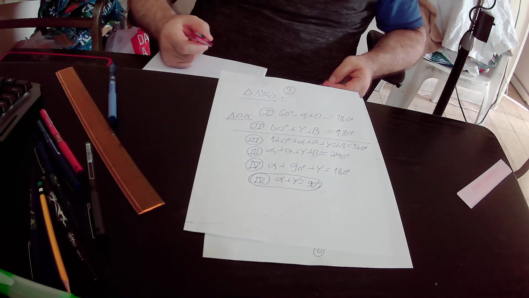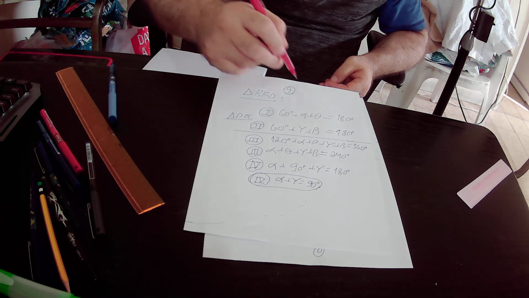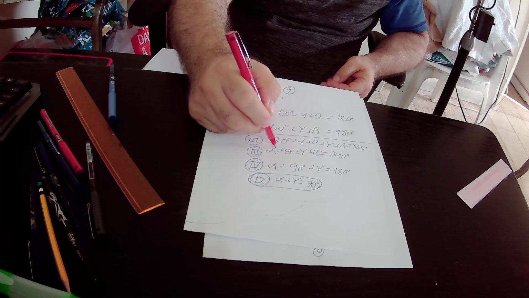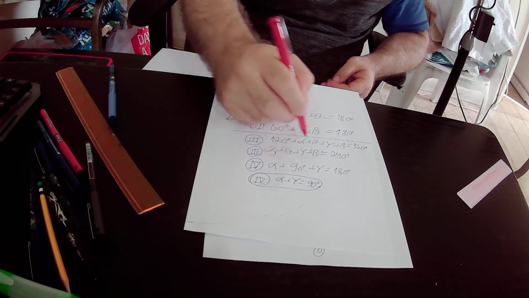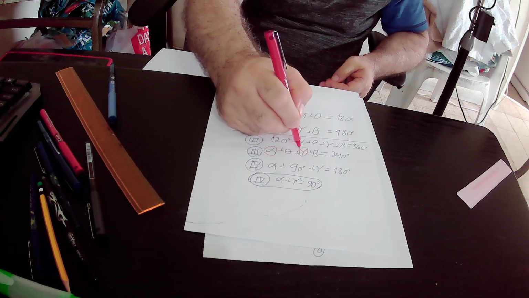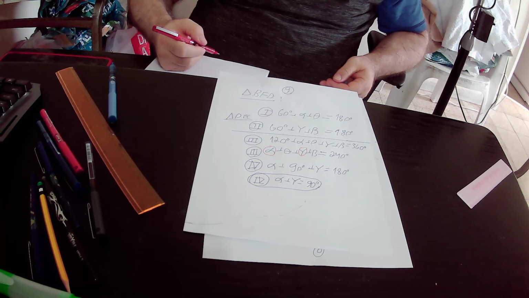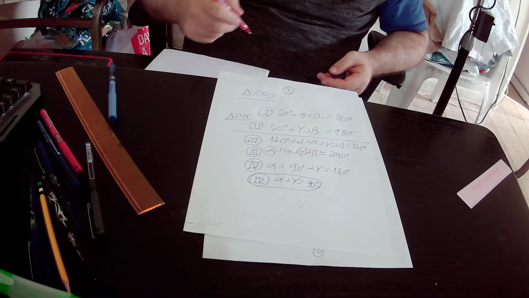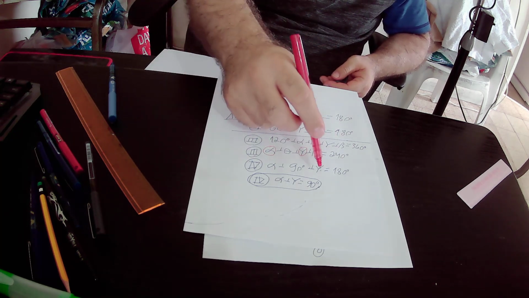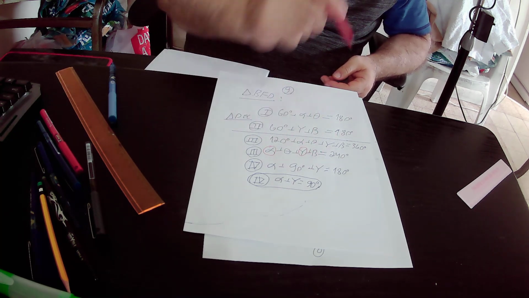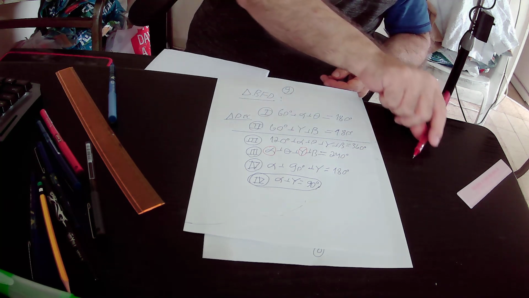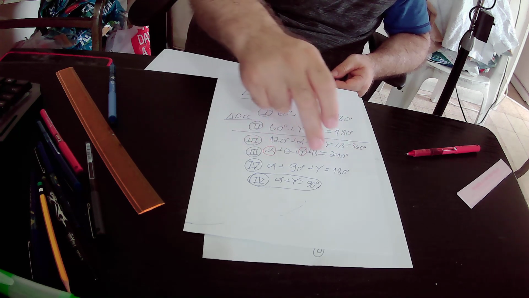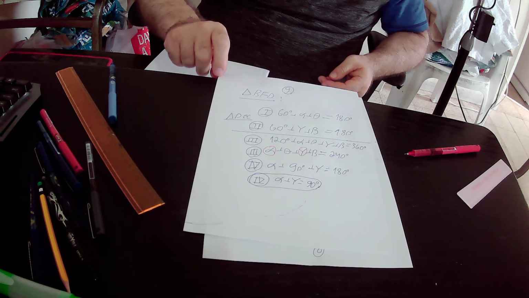We have alpha plus gamma also in equation number 3. So we can substitute alpha plus gamma in equation number 3 by 90 degrees, because alpha plus gamma equals 90 degrees.